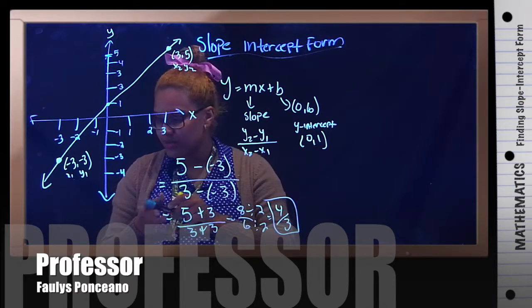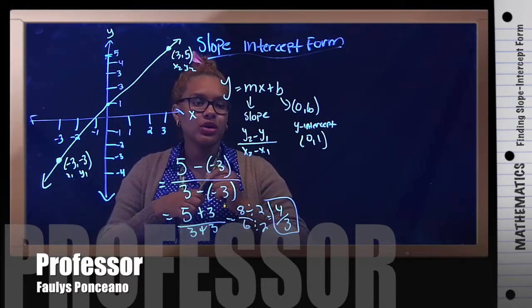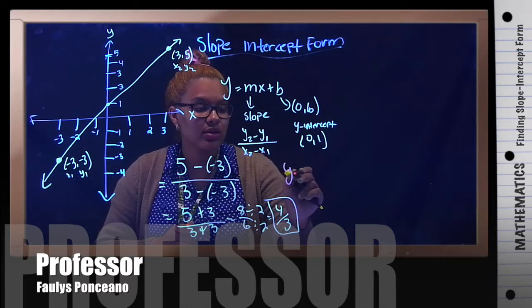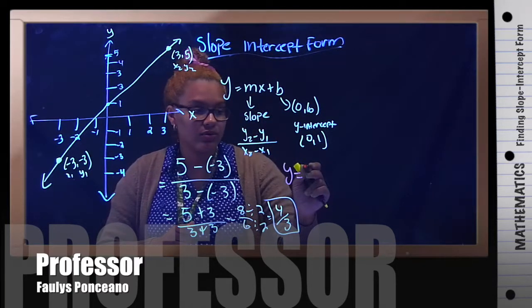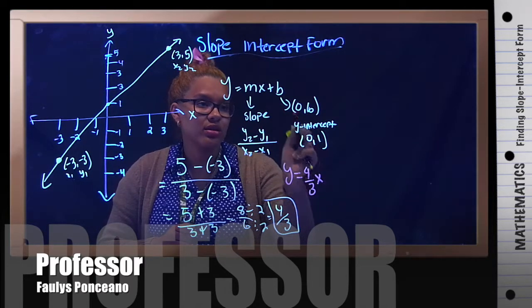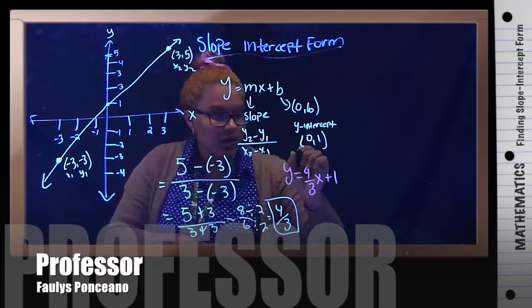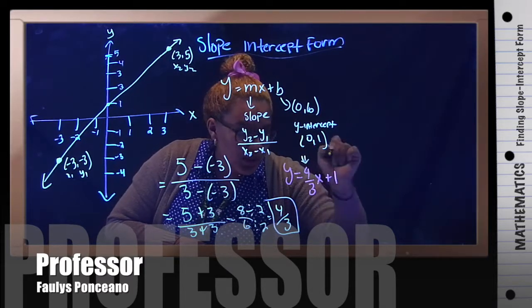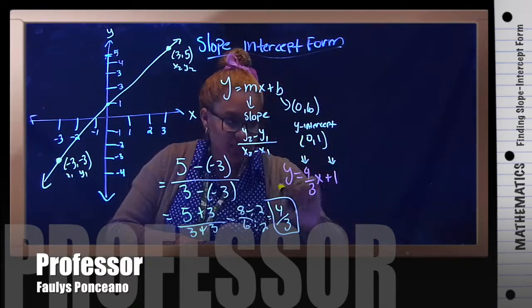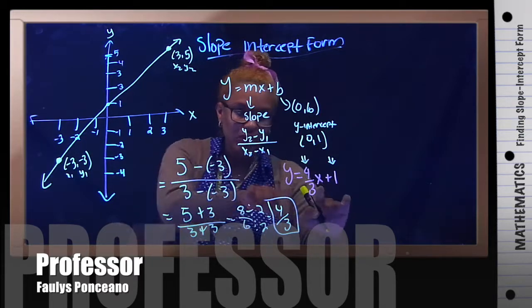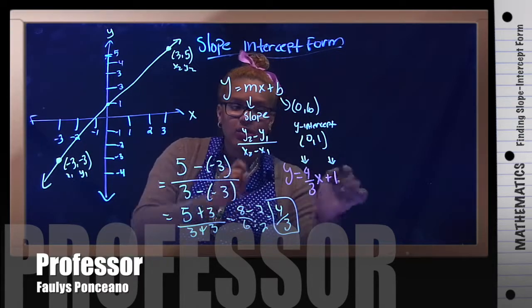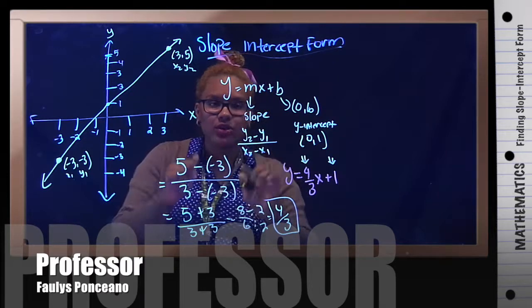Now you're just going to take that information and plug it into the formula. Use different colors. The y stays. You know the m, 4/3. The x stays, and b is just plus 1. So you found the slope and you found the y-intercept. The x and y, those 2 variables stay there. You don't need to plug something in for them.